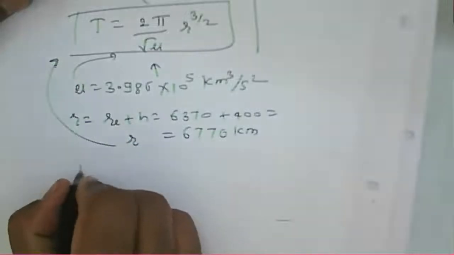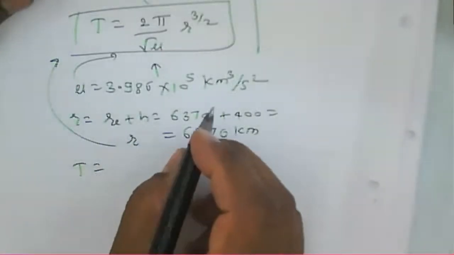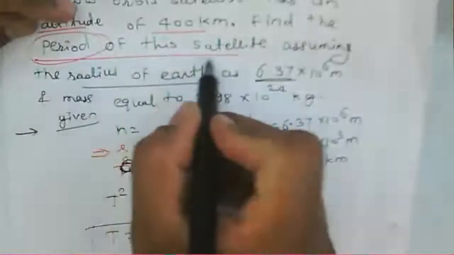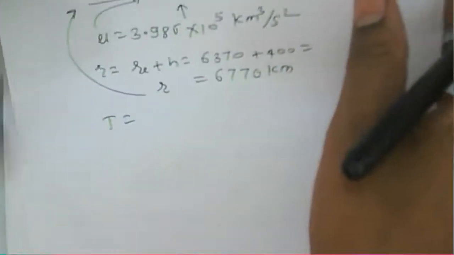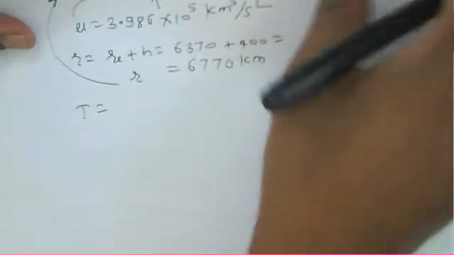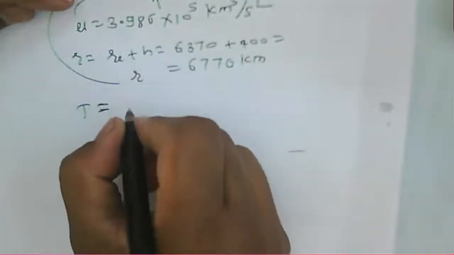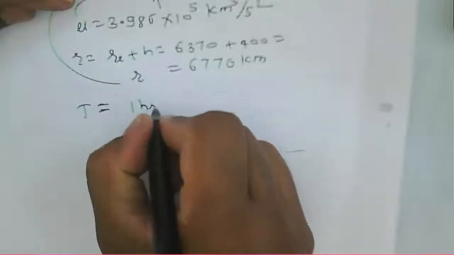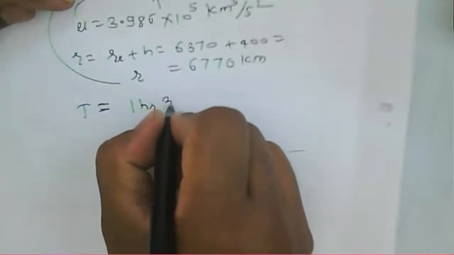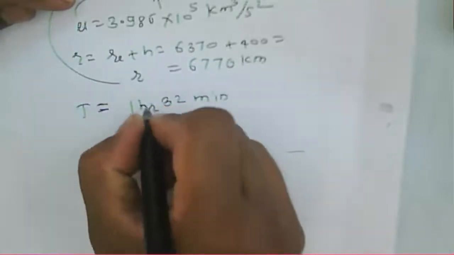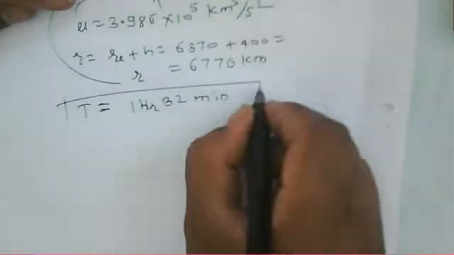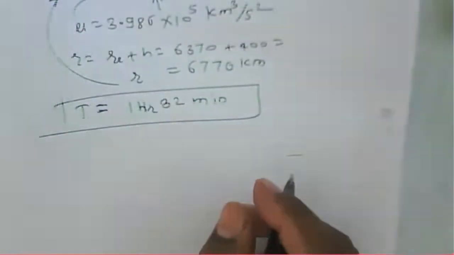Then you will get that time period T, the period of the satellite moving around the earth, and that is T equal to 1 hour 32 minutes.